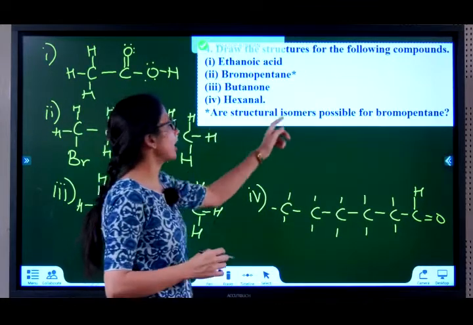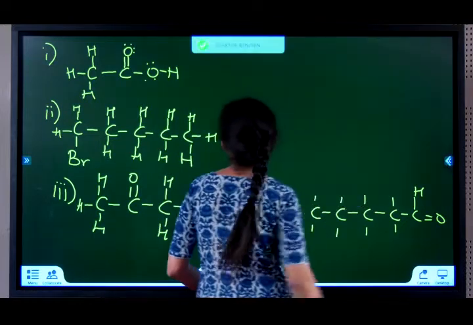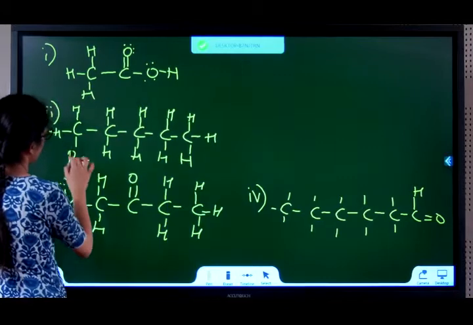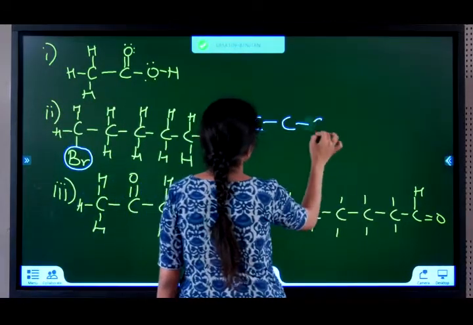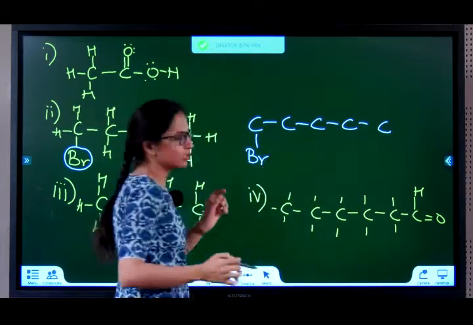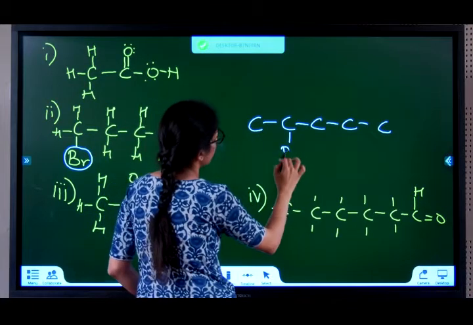Are structural isomers possible for bromopentane? Let's check. Here you have the bromo, right? So you have to just keep shifting the bromo and seeing. So you have 1, 2, 3, 4, 5. Bromine is here. This is 1-bromopentane. If I shift it to position 2, possible?